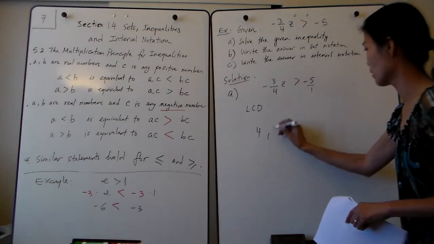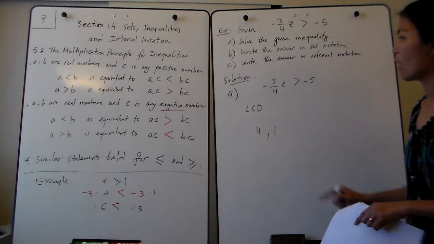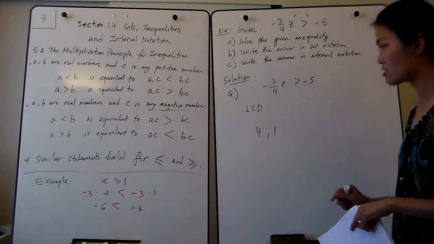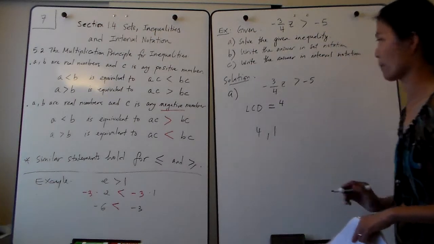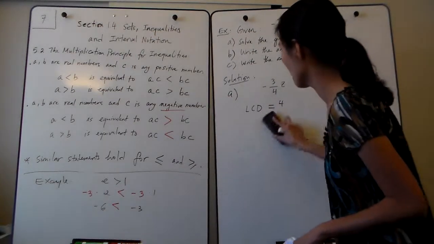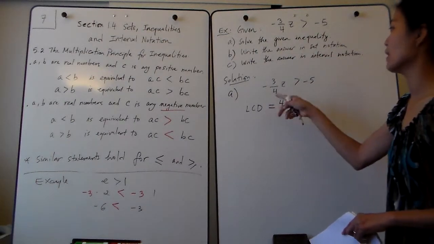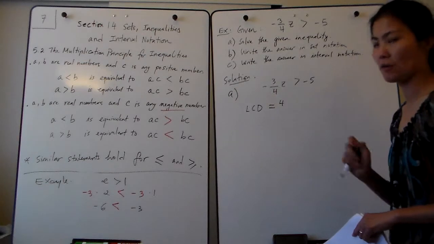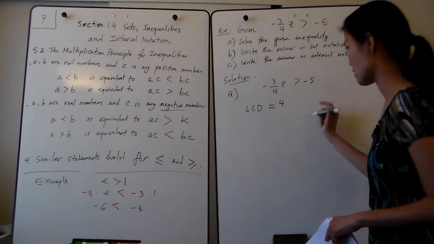So if you know 4 and 1, you can find the LCD. It turns out the LCD is 4. So I'm going to use the LCD to eliminate the denominator. So multiply the LCD 4 on both sides.